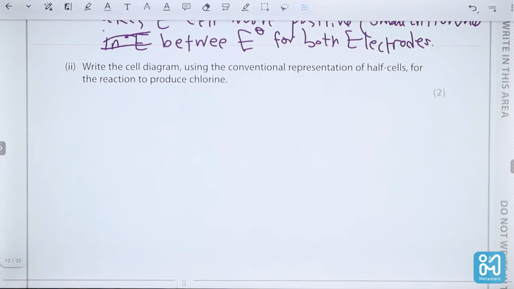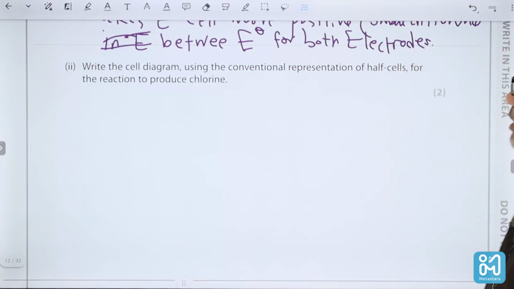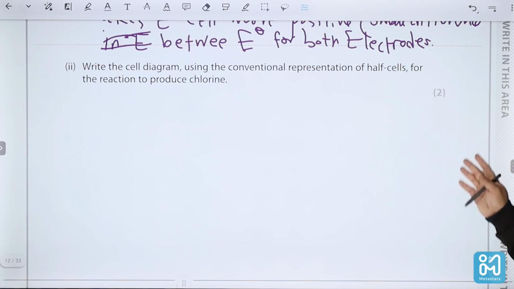Now, he's asking you to write the cell diagram using the conventional representation of the half cells for the reaction to produce. You know, there is a specific way to write the E-note cells.